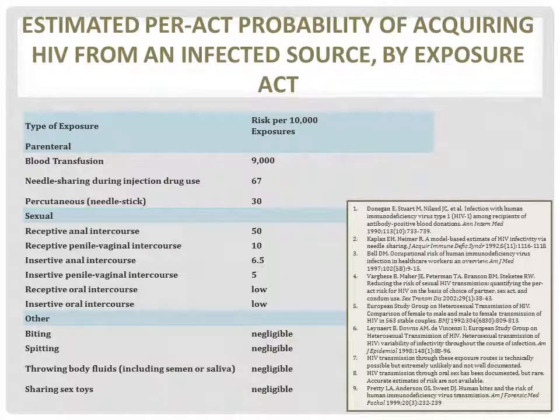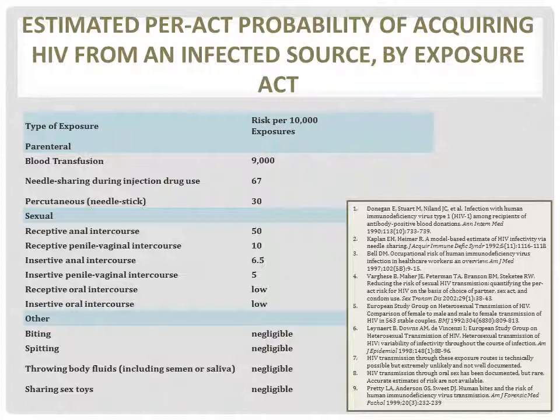Alright, so now that we have cleared the myths on how HIV is not transmitted, the next slide we're going to look at is how it is transmitted. And really, I think that based on my pretest with you all, you have pretty much a good idea of how HIV is transmitted, but I wanted to bring your attention to the risk factors, or the risks of transmission, bearing in mind the different modes of transmission.